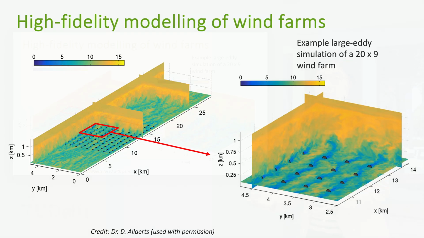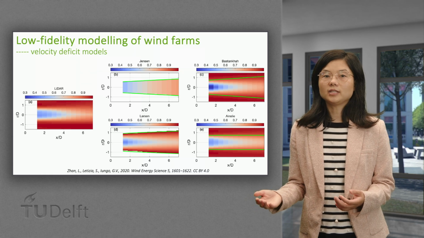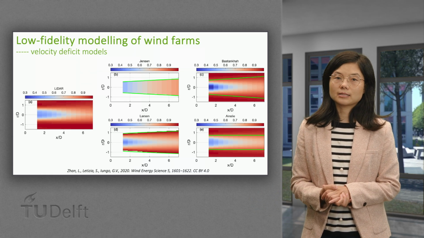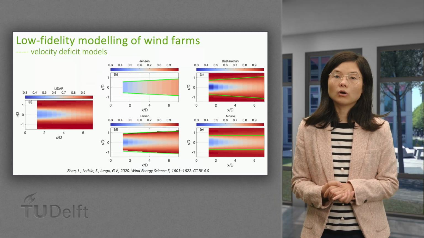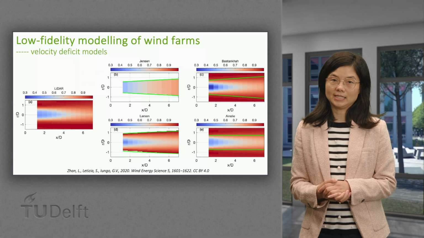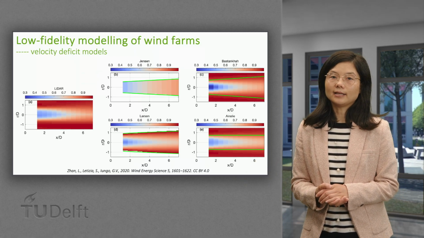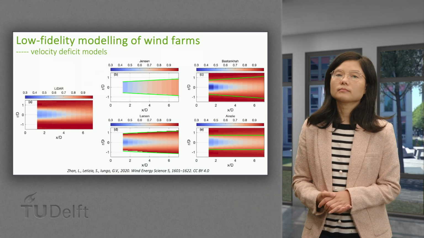While high-fidelity models like CFD are great for detailed analysis, they are too computationally intensive for real-time control or large-scale wind farm optimization. That's where efficient models like analytical or empirical engineering wake models come in.